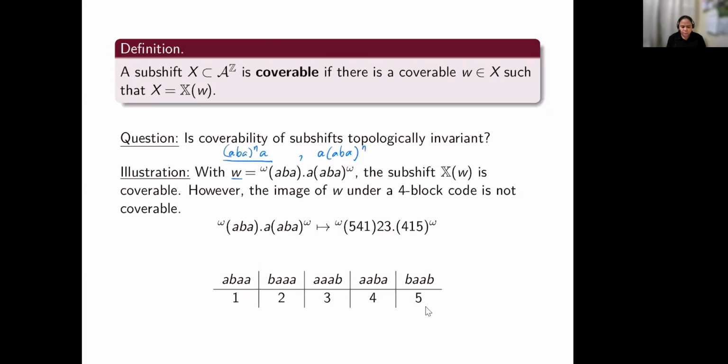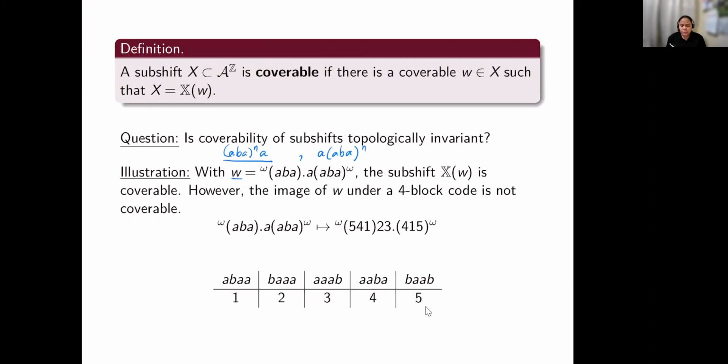So what do we mean by left special and right special factor? Briefly, let's recall, we say that a subword is left special if it can be extended in at least two different ways on the left.